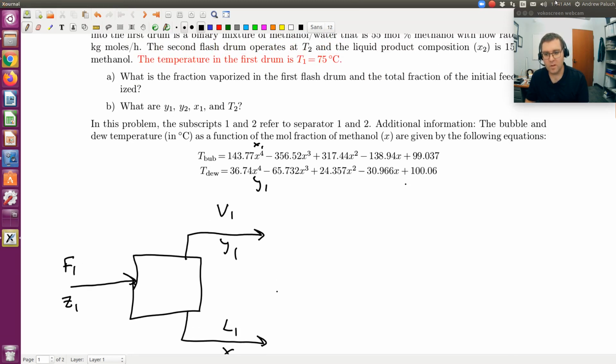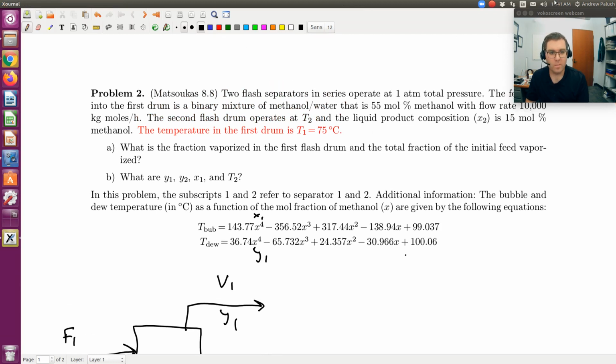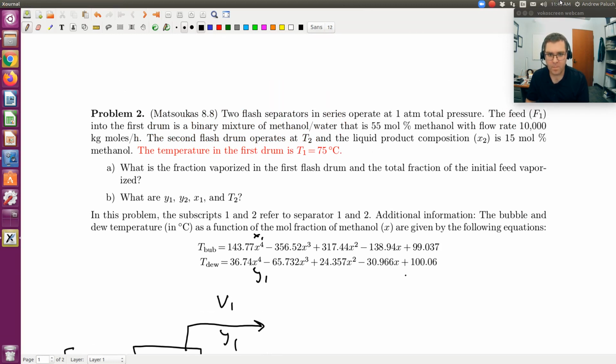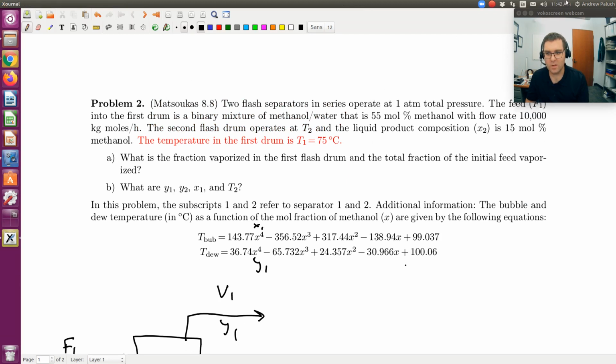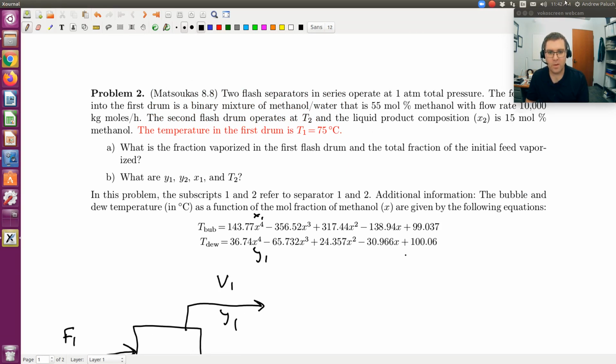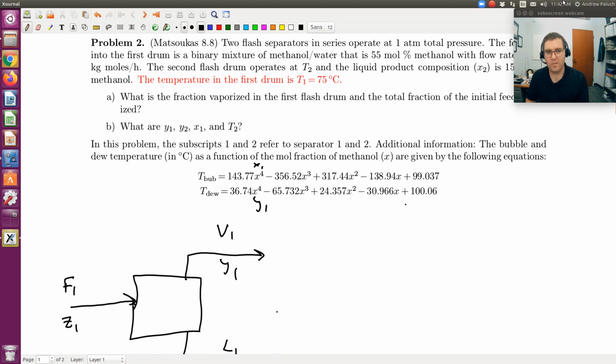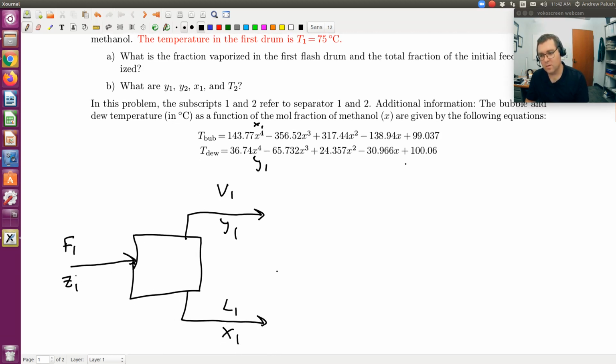So let's just focus on drum 1. We're given the initial feed, 10,000 kilogram moles per hour, and the initial composition, 0.55 mole fraction. So Z1 is 0.55. F1 we're given, so I'm not going to write it down.